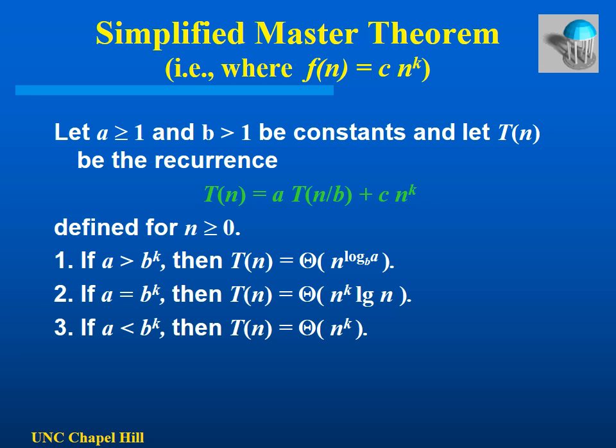And if a is less than b to the k, T of n is of the form theta of n to the k. So let's consider some examples of those rules.